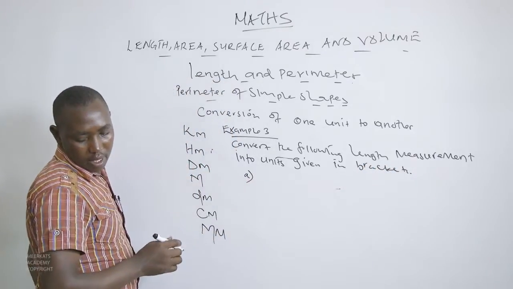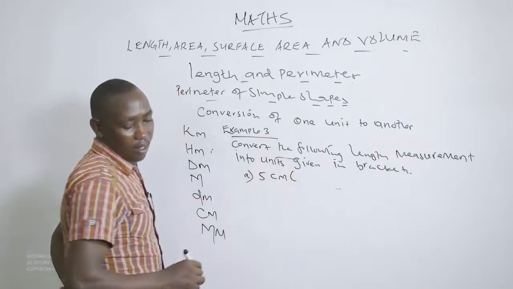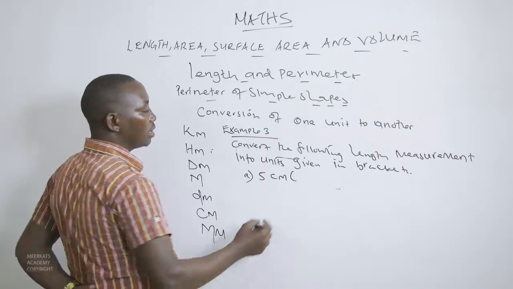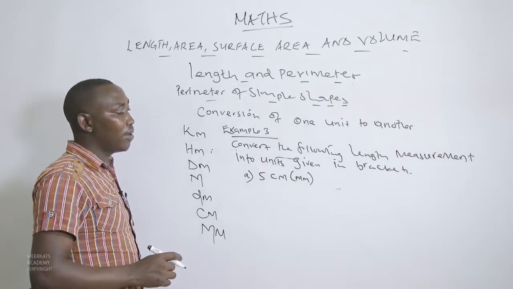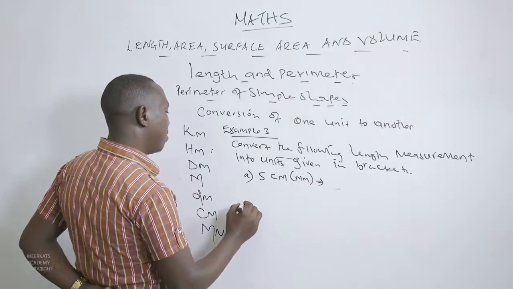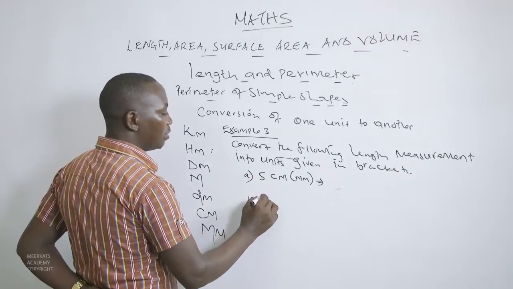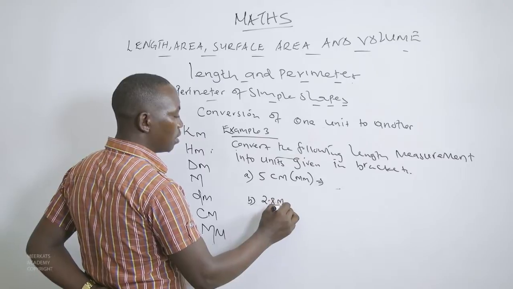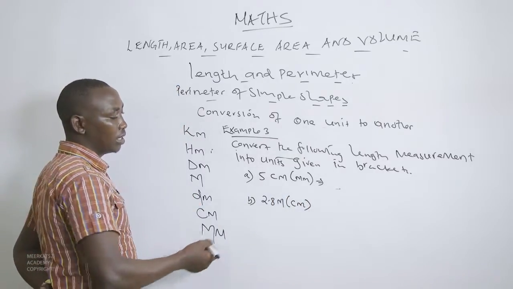Number 1, we have 5 centimeters, and inside the bracket we are supposed to convert it into millimeters. Number B, we have 2.8 meters, which is supposed to be converted to centimeters.